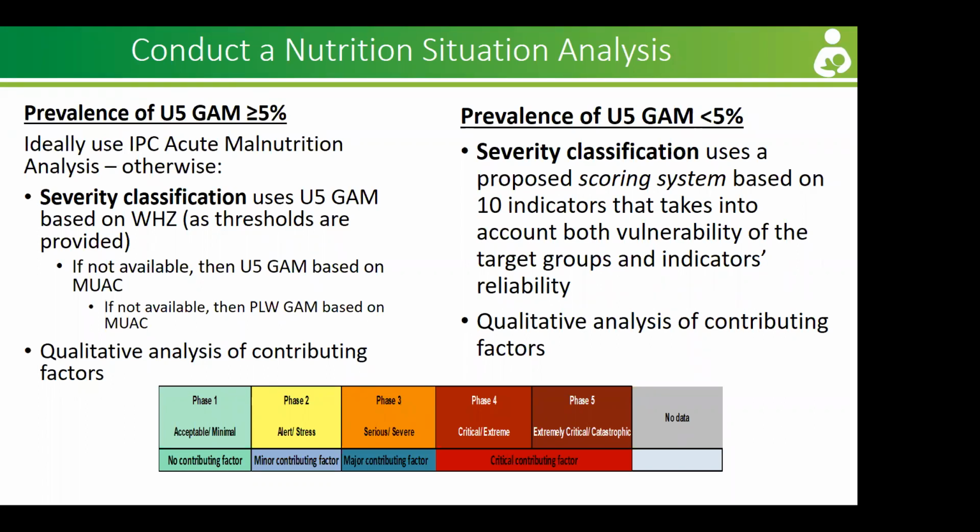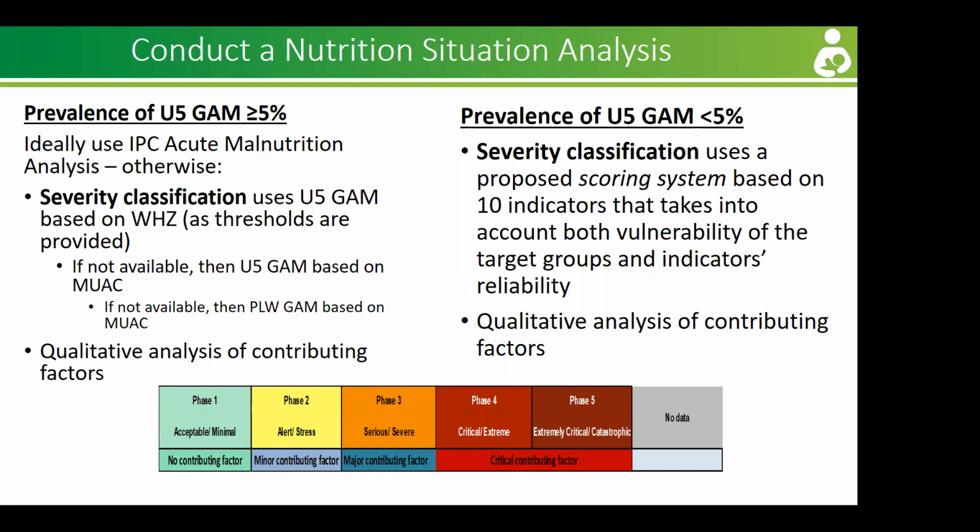And lastly, the third tier of this scoring system includes GAM for older people and GAM for adolescents. So depending on the phase classification and where it falls within phase 1, phase 2, phase 3, phase 4, and 5, an associated score will be provided and an overall score will be given based on certain thresholds to determine the overall severity classification.